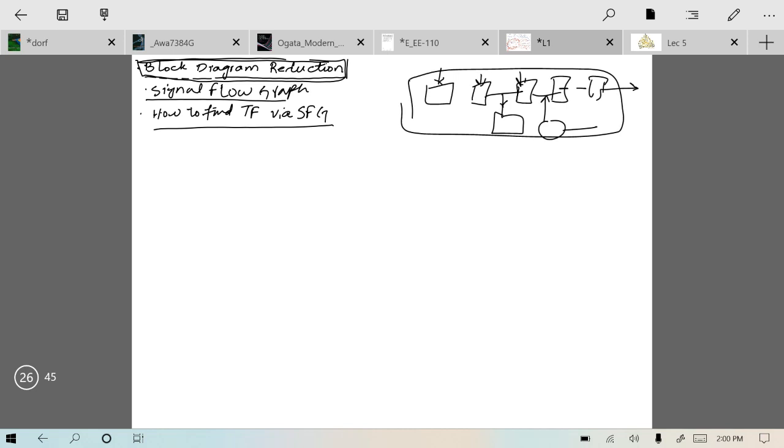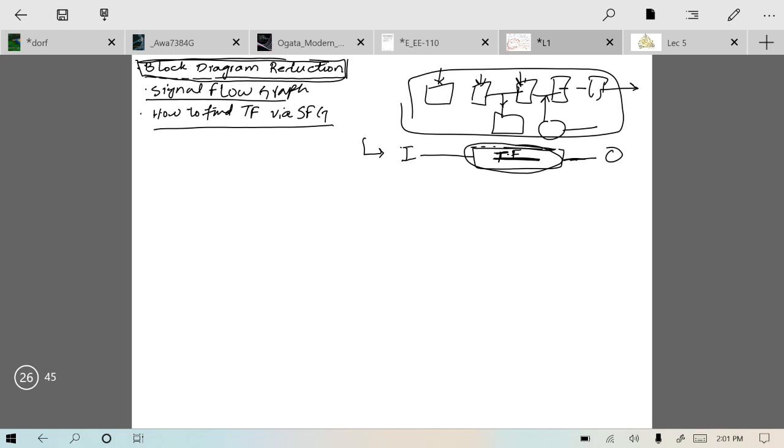If you want to find the transfer function of this overall system, then obviously you would desire that all these blocks be converted into a single block. Here is an input, here is an output, and whatever is written over here would be the transfer function. This is desired, and all the block diagram reduction techniques help you achieve this.